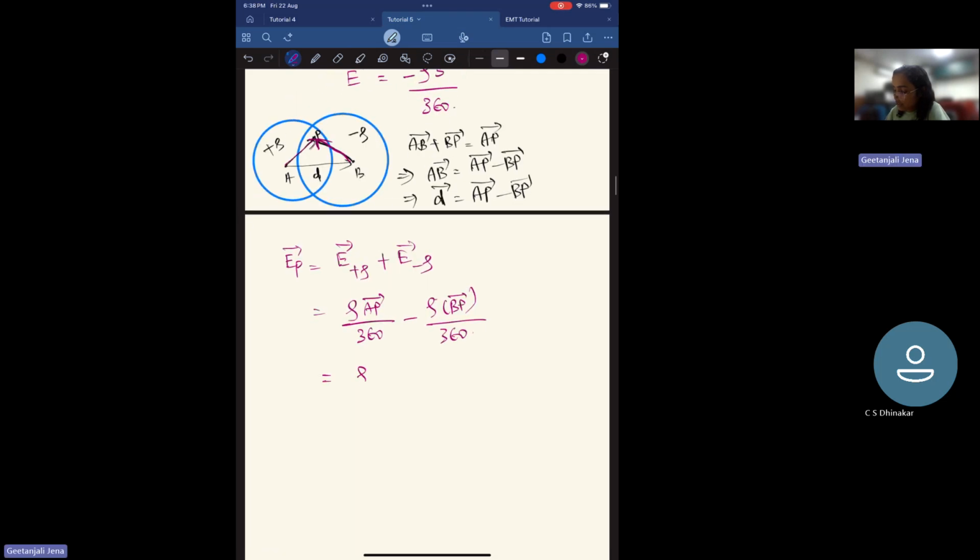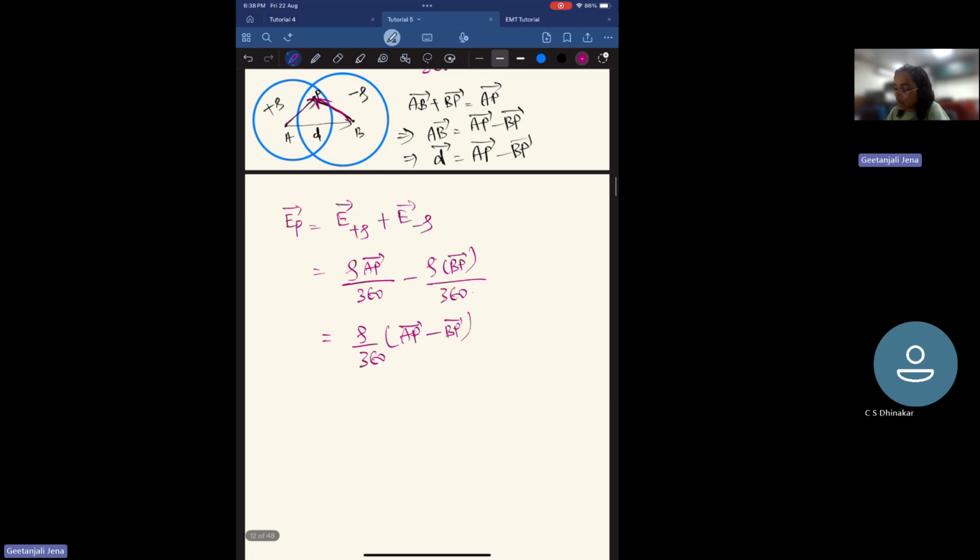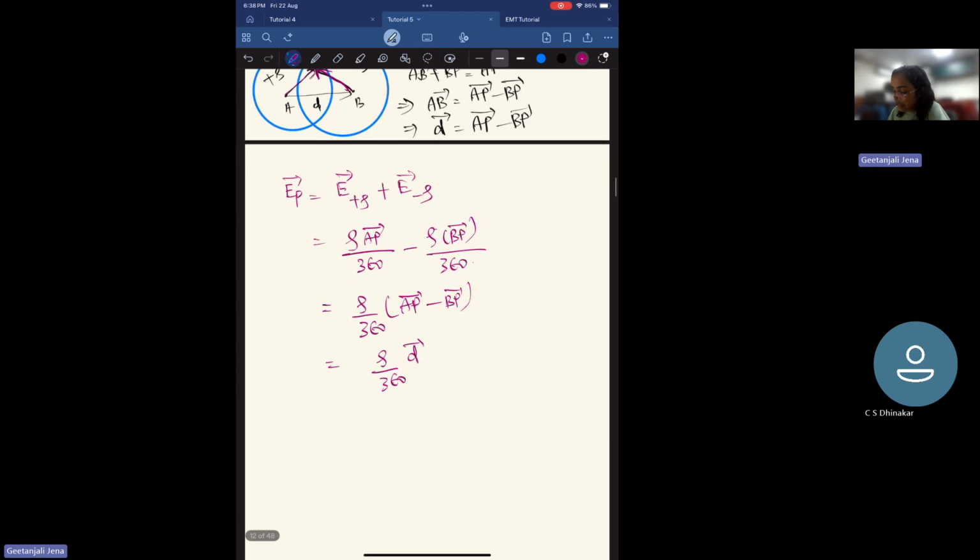You can see here we are finding an expression of AP minus BP, which is nothing but the distance between the centers, which will always remain constant. That is why the electric field in the overlapping region of these two spheres is a constant. Okay. So is this problem clear to you?